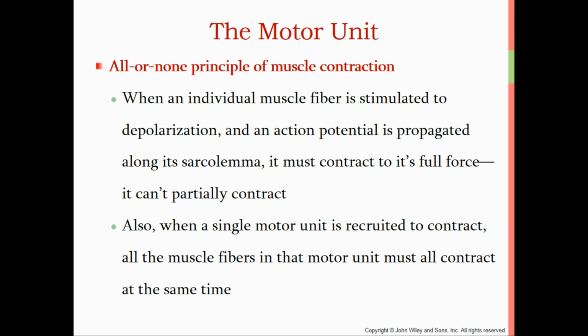So when you go to pick up that open water bottle, everyone has the ability to crush that bottle and squirt water out of the top, but you don't, because your brain automatically recruits just the appropriate number of muscle cells it needs to pick up that bottle.